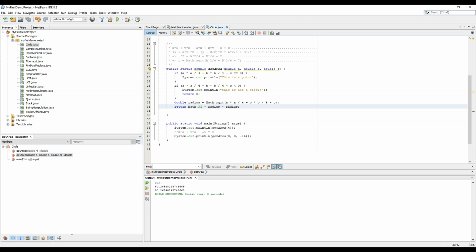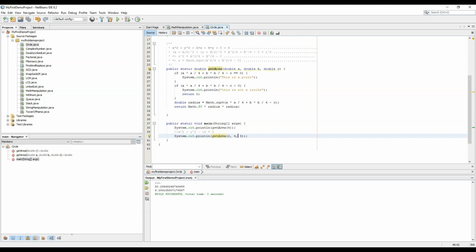So if we try x squared plus y squared plus 2x plus 4y plus 3 equals 0, here a equals 2 and b equals 4. The answer is 6.28, which is equal to 2 pi.